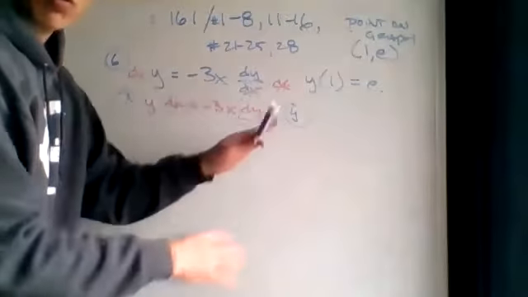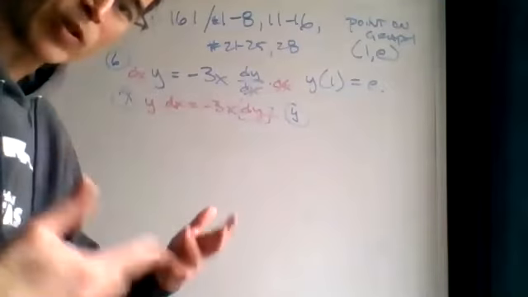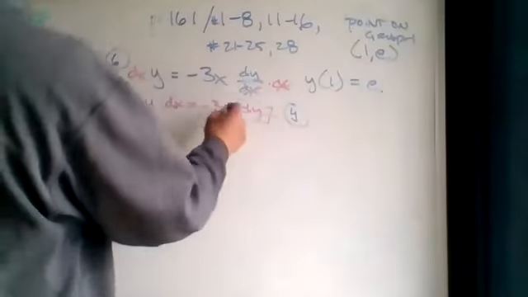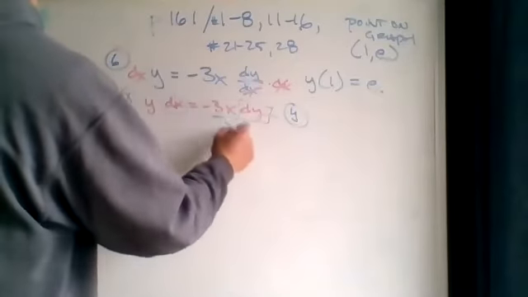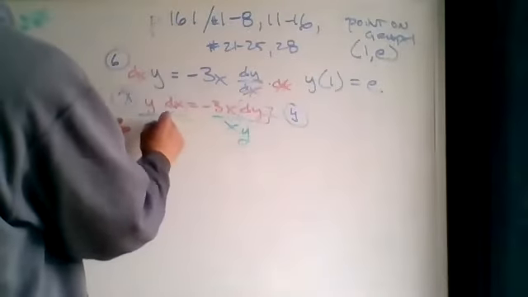Before, I remember it was a 2y and I brought the 2 over with it, but I'm going to leave it here this time, just to show you that you can leave the constants where they are. So if I divide by x, I'm actually dividing by xy.